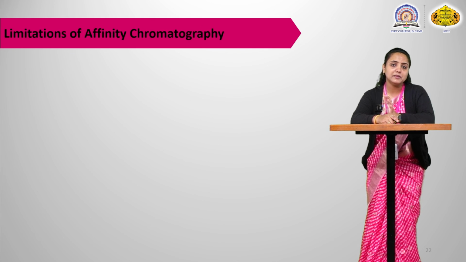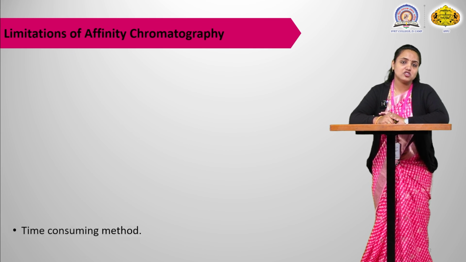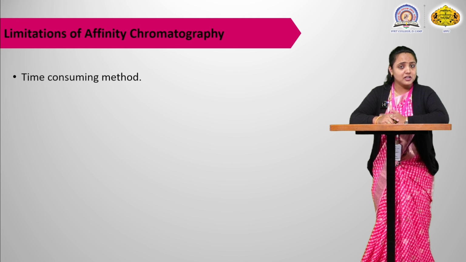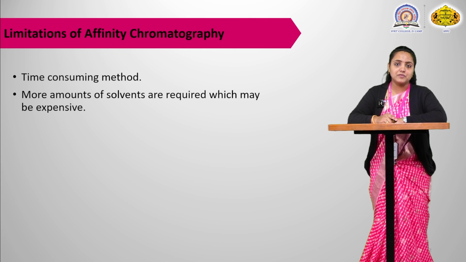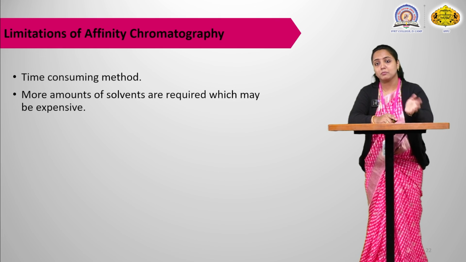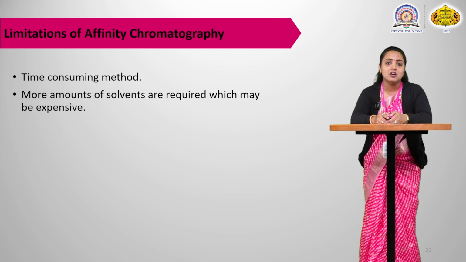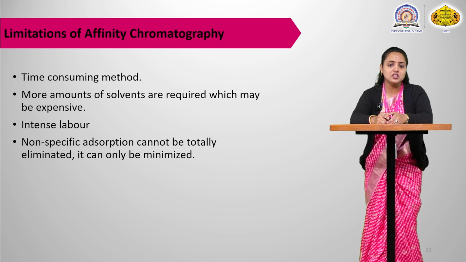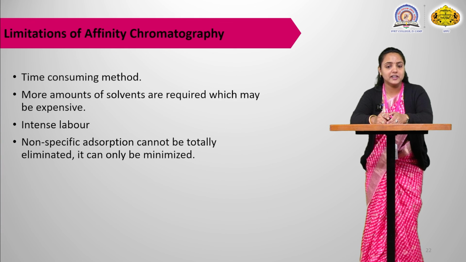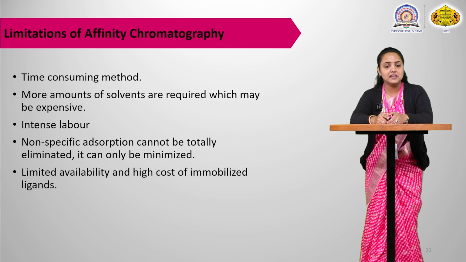Now, what are the limitations or disadvantages of this type of chromatography? It is a time consuming method. It requires some time for the purification. More amounts of solvents are used, which may be expensive, that is your ligands. It needs intense labor. Non-specific absorption cannot be totally eliminated and can only be minimized.